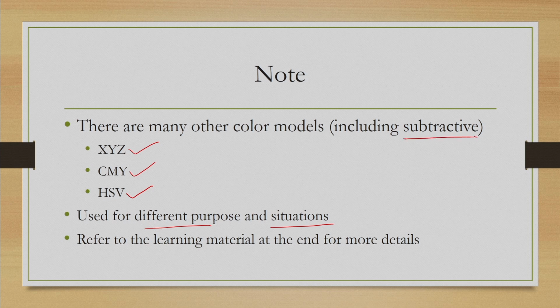We also have subtractive models as well. However, in this lecture we will not go into the details of any other model. If you are interested, you may refer to the material that will be mentioned at the end of this lecture for more details on these different color models.